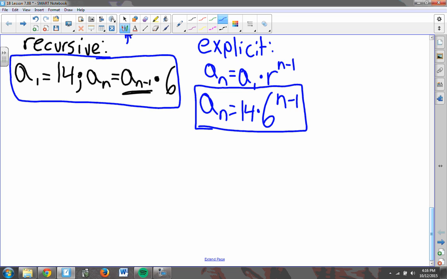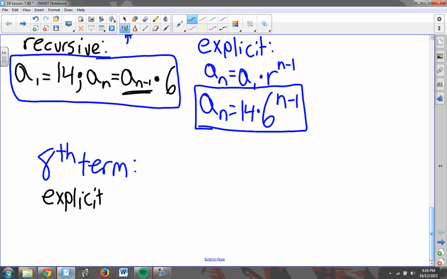So if I want to find the 8th term of this sequence, in order to find the 8th term, I'm just going to put 8 in for n in my explicit formula, because I find explicit formulas to be much easier to deal with in terms of finding a specific term number. So I'm going to use the explicit formula.